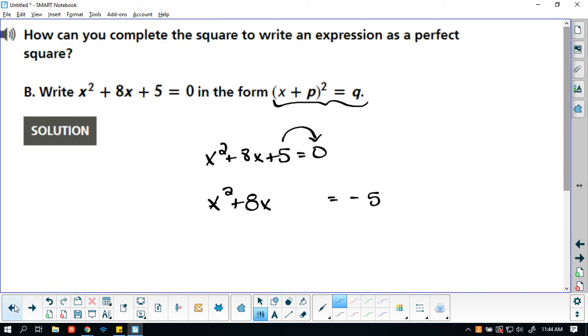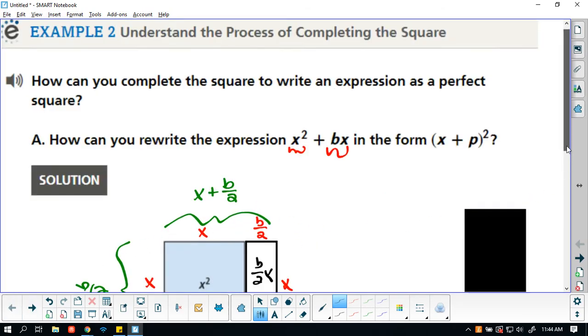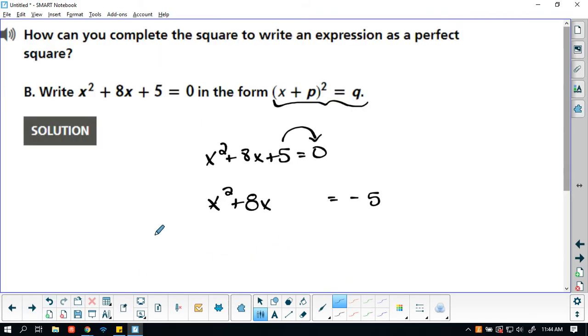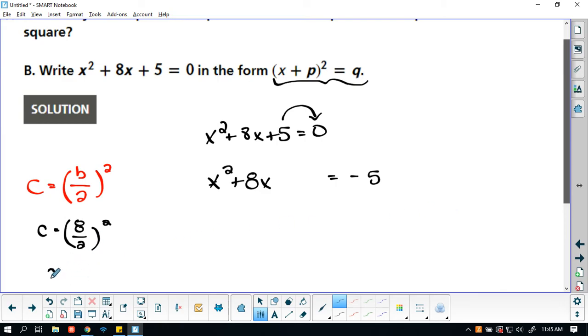Now I left this blank here because if we go back to this problem, to make that equation a perfect square, I'm going to have to take b, divide that by 2, and square it. So I'm going to take 8, divide that by 2, square that, and I get 16.